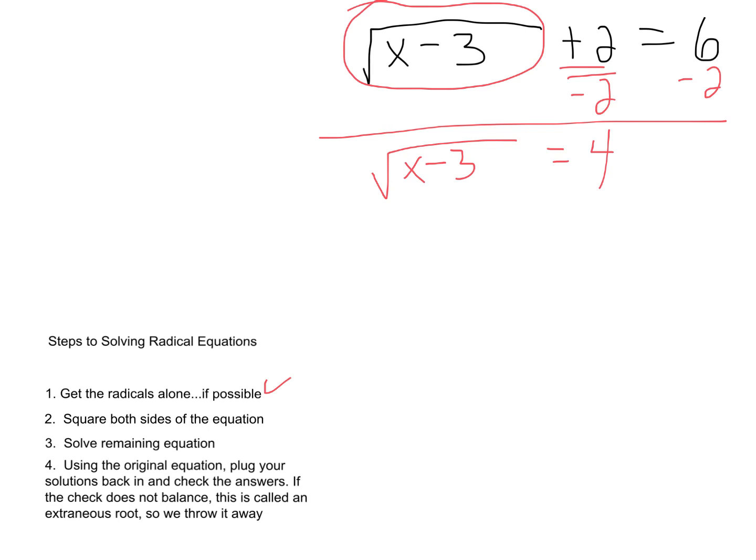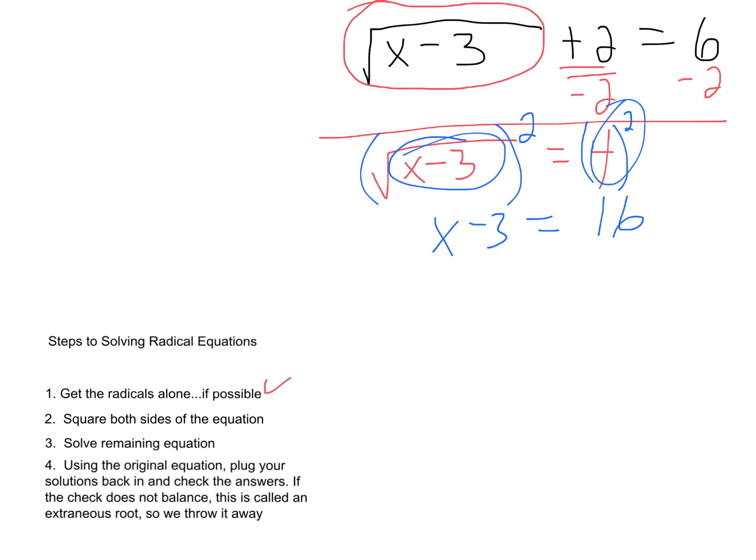So step 1, get the radical alone. Step 2 is we are going to square both sides of the equation. So square, square, and this comes out. x minus 3 equals, and 4 squared is 16.